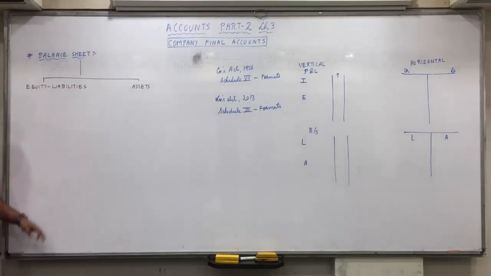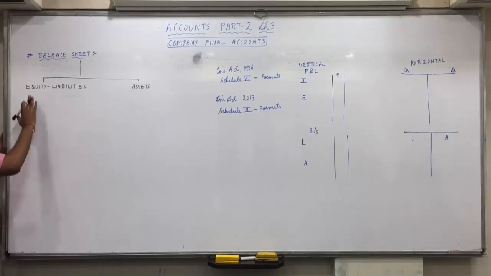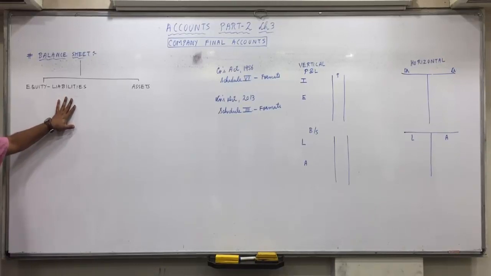Okay? Yes, be attentive. Instead of simply liabilities, we call it equity and liabilities. Equity means owners' money in the business, which in general terms is called capital. And liabilities means outsiders' money invested in our business.